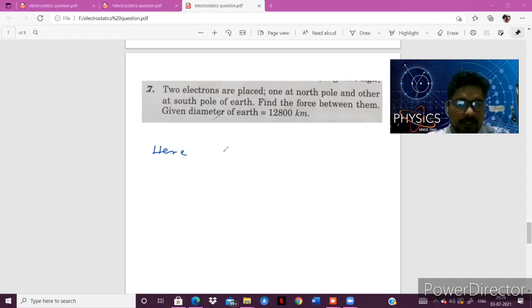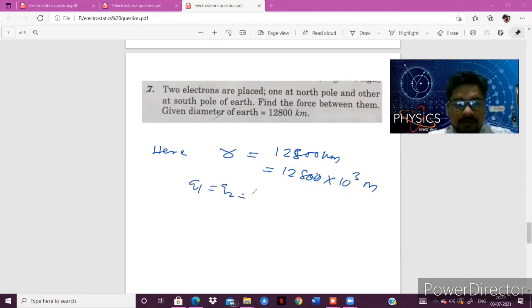Here this is the distance between the two charges. So R equal to 12,800 kilometer, that means 12,800 into 10 to the power 3 meter. Charge q1 is also equal to q2. The charge of an electron is 1.6 into 10 to the power minus 19 coulomb, but the nature is negative.